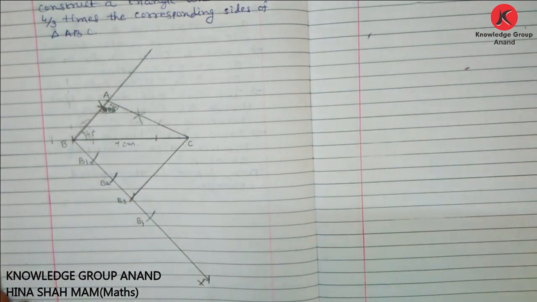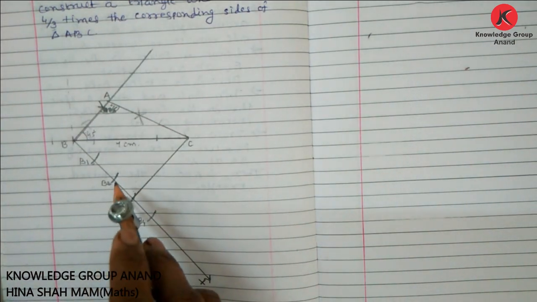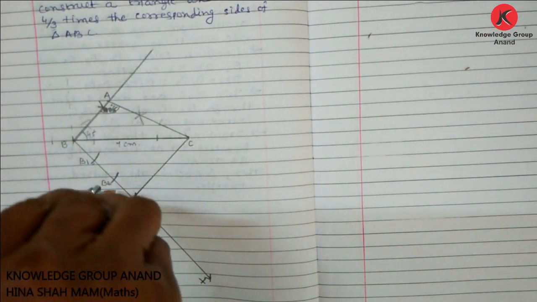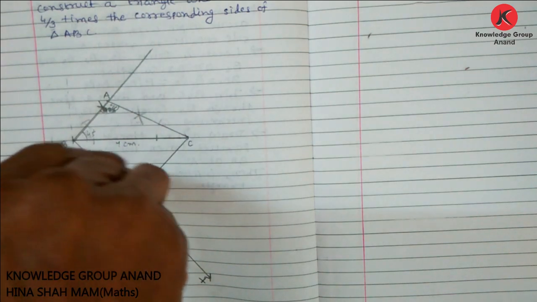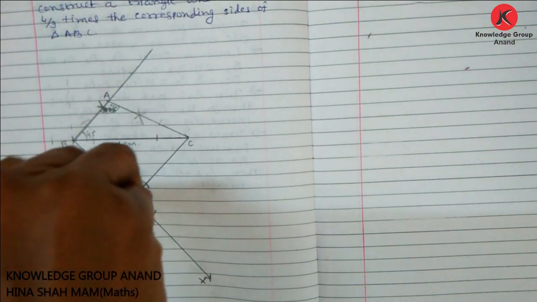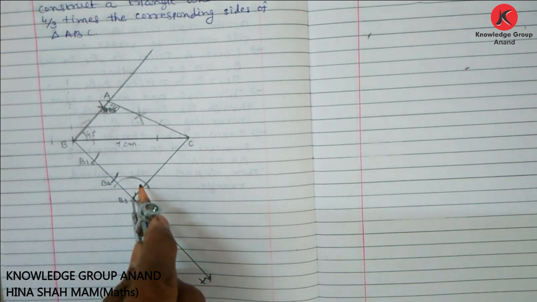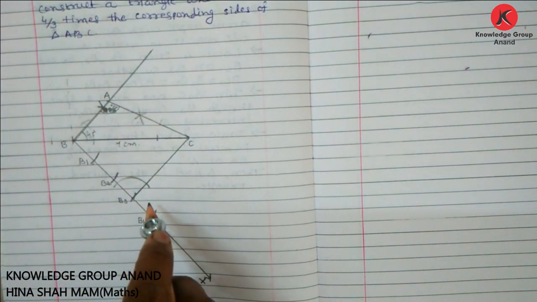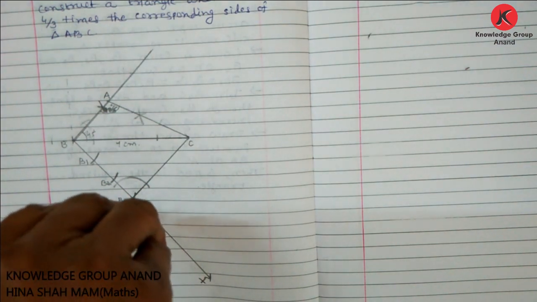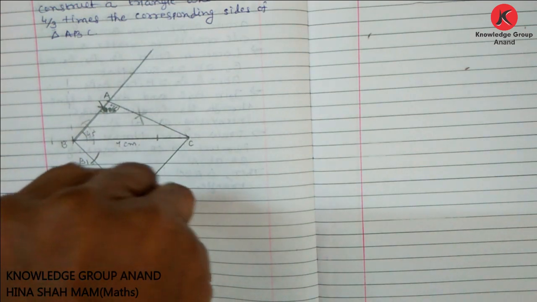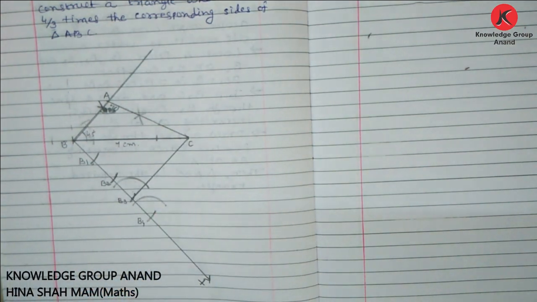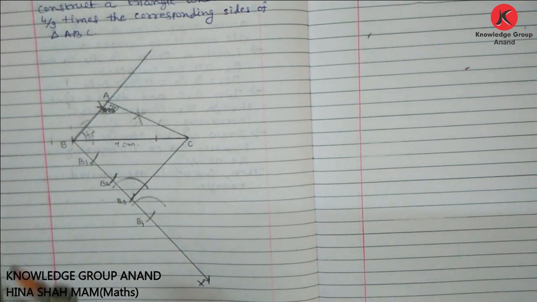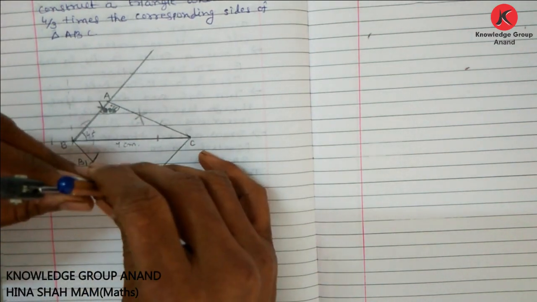We know how to parallel line. To draw parallel line, first we draw any arc, taking same measure and put it on B4 because we draw parallel line through B3, B4. Now what is the angle of between them?